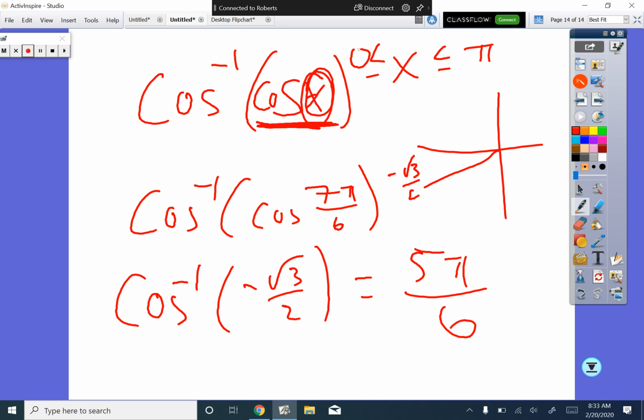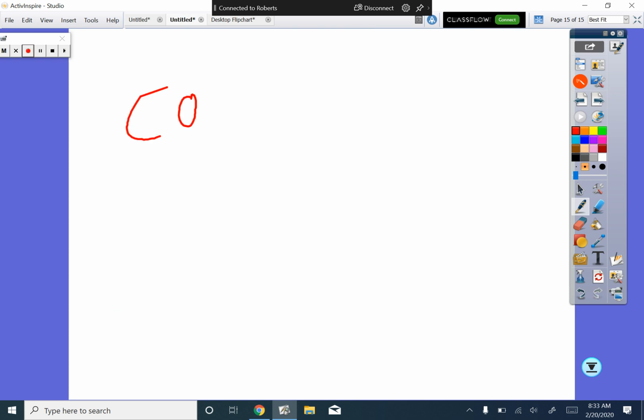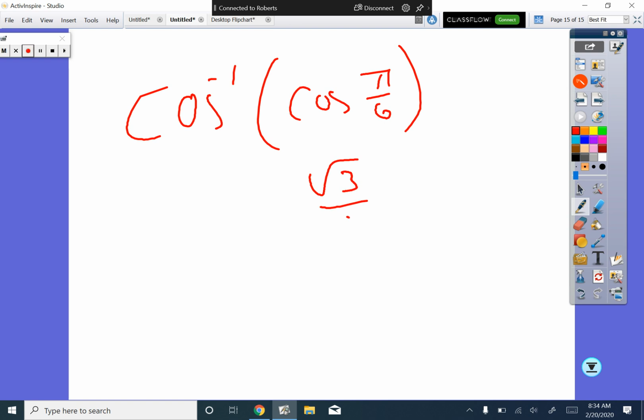So once again, let me show you what I mean here with 0 to pi. Let's say I said, here's the inverse cosine of cosine of pi 6. Cosine of pi 6 is root 3 over 2. So then what's the inverse cosine of root 3 over 2, within 0 to pi?